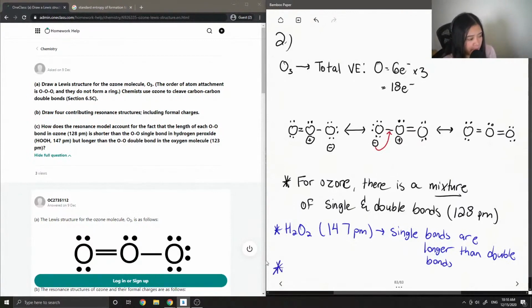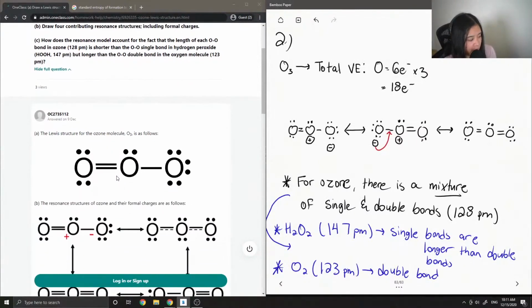So when we have an oxygen molecule, which only has the double bond, it will be much shorter than the length of the oxygen-oxygen bond in hydrogen peroxide. But since ozone has a mixture of both single and double bonds, it kind of puts it in between the two other molecules.